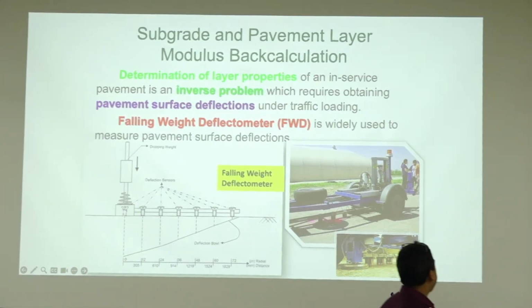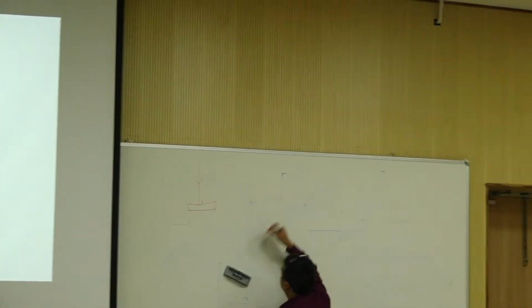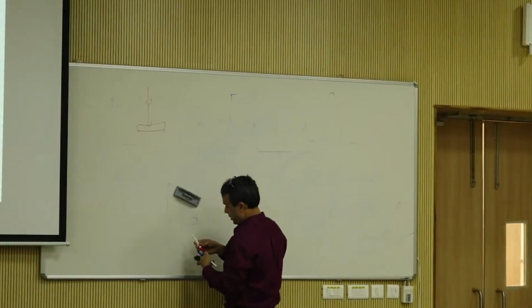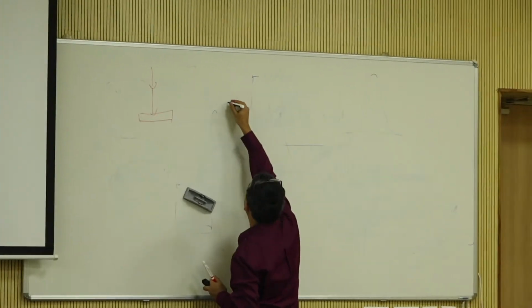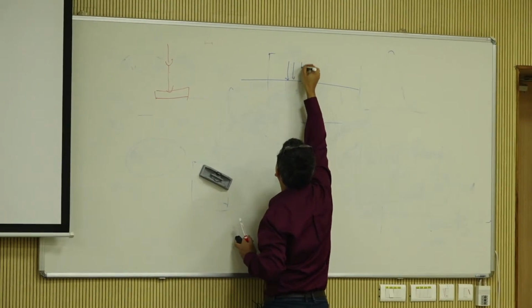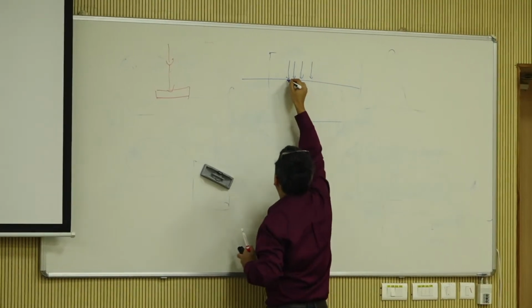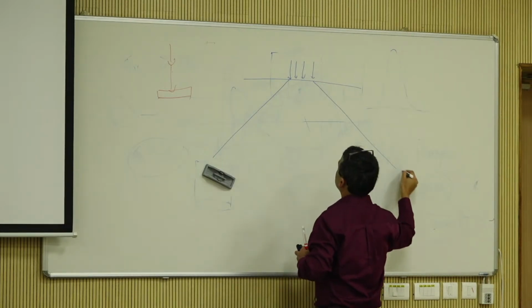And why does that happen, and why is that very relevant? Let's do a distribution comparison here. If you apply a stress load here, we know the stresses kind of dissipate something like this.